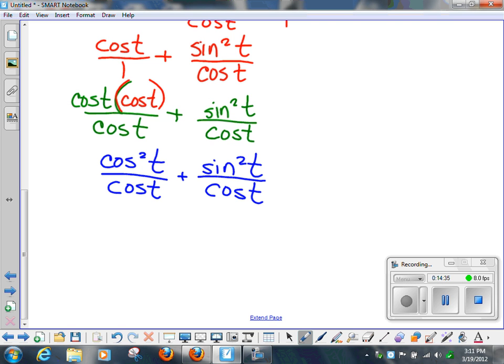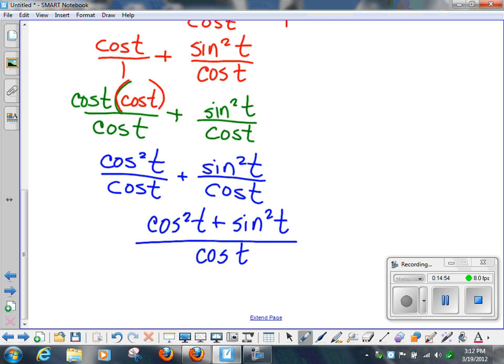When you get the same denominator, we want to put this all over one denominator. So what is that numerator going to be? Cosine squared t plus sine squared t over cosine t. Now look at your card. Do we have an identity that is cosine squared plus sine squared? It's 1.